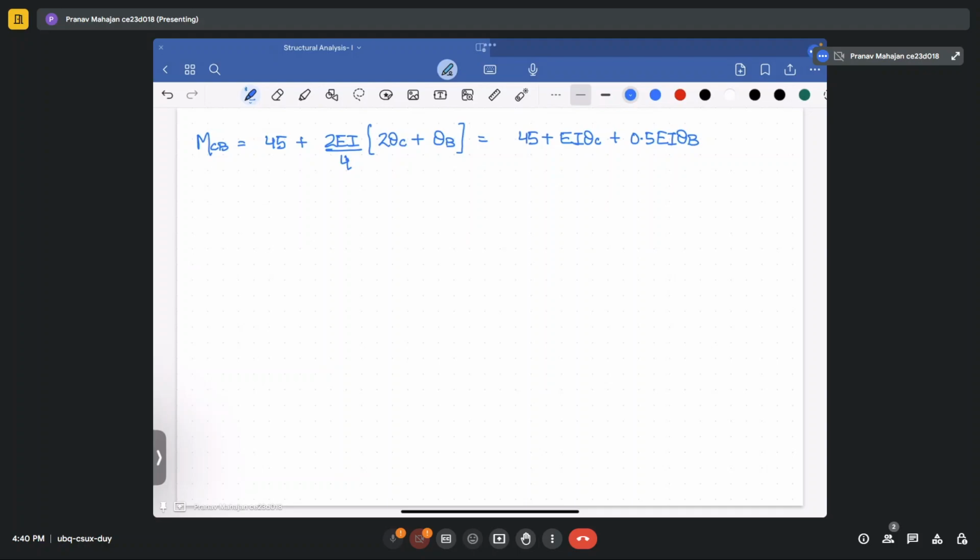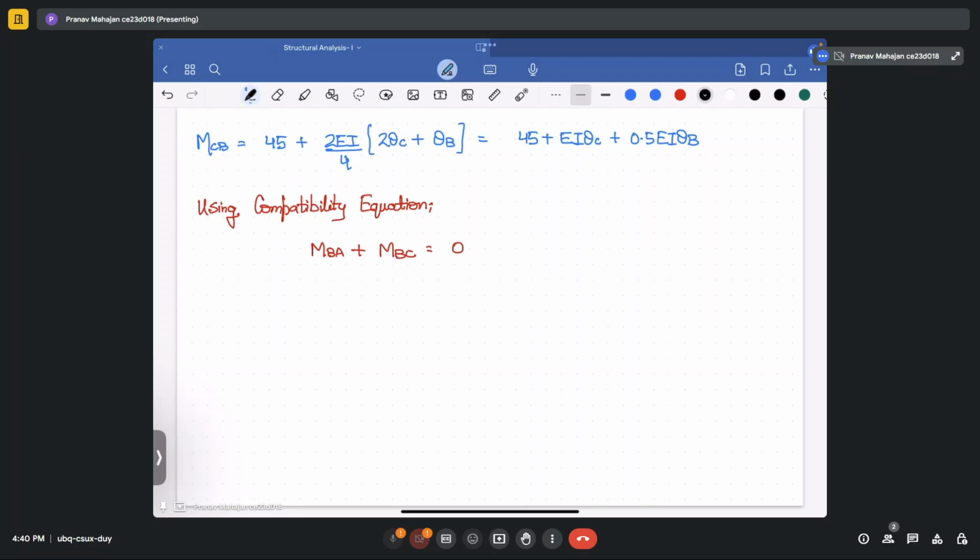So in this case, at support B, since there will be no moment, using the consistency or compatibility equation, your MBA plus MBC will be equal to 0. Okay, so let's write the equations.